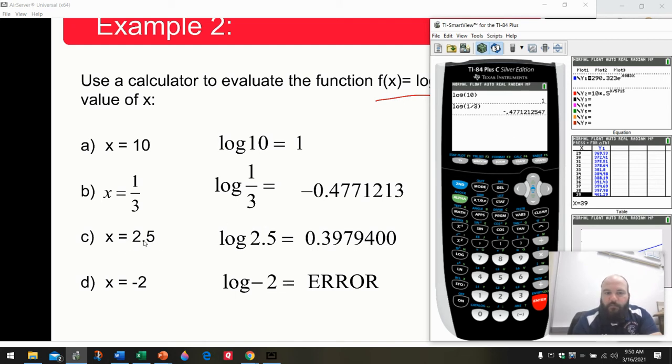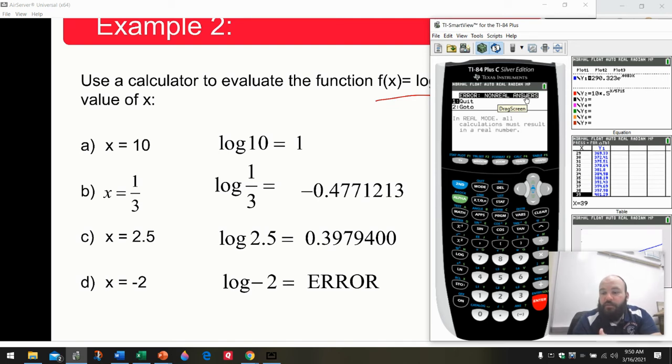The next one, log of 2.5. Once again, press the log button, 2.5. Hit enter, there's your answer. Now the last one I want you to notice, if I try to take a log of negative 2, and I hit enter, I end up getting error, non-real answers.